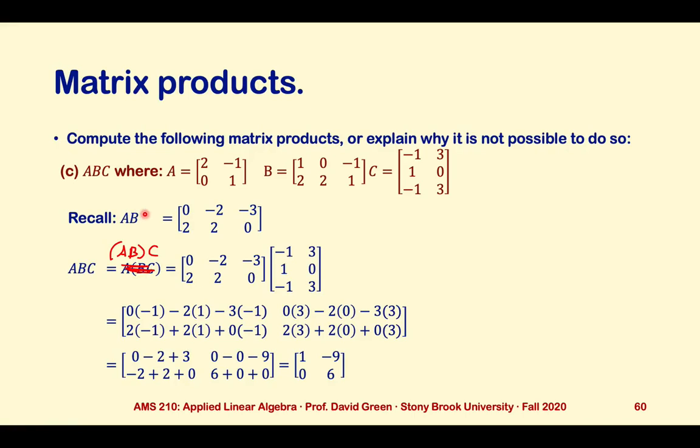Since we've already computed AB, to get this product ABC, all we need to do is take our answer from the first example and now multiply it by C.